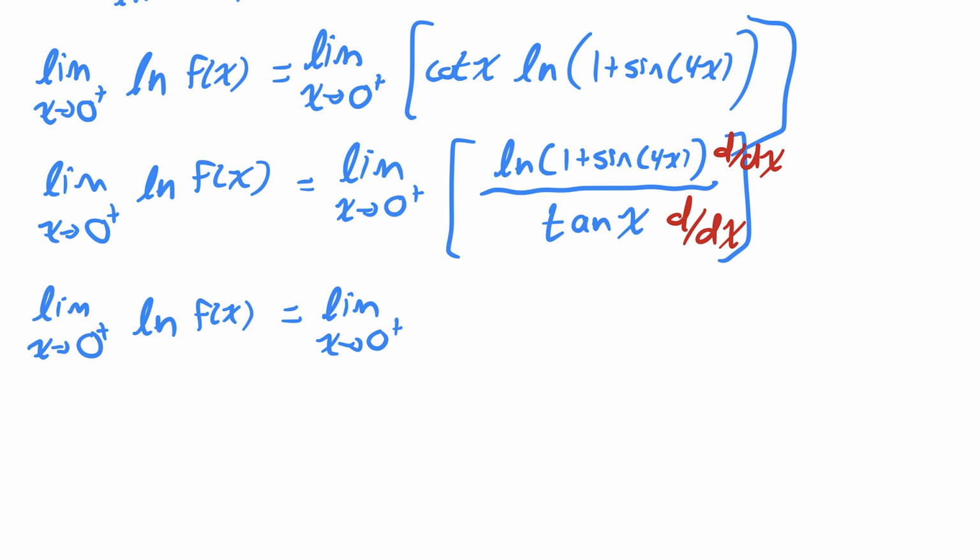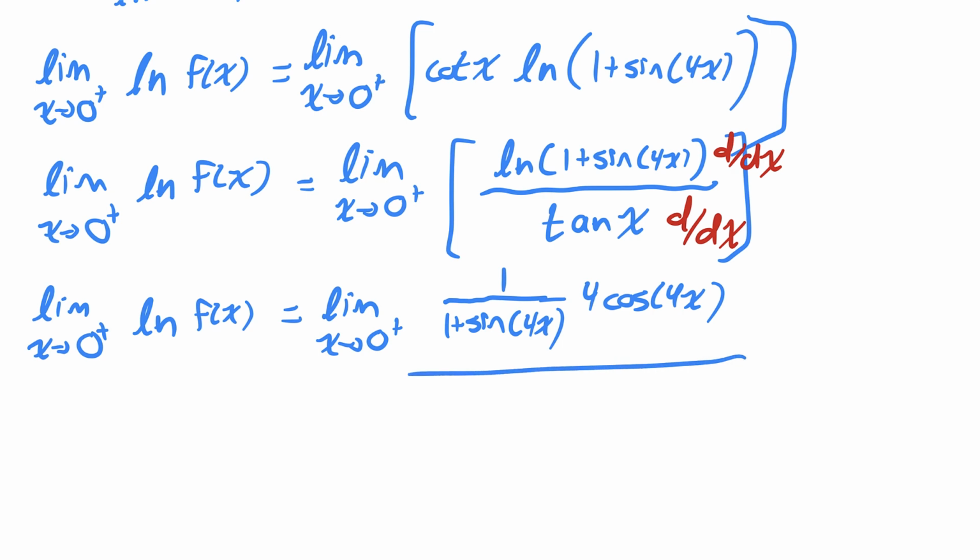The derivative of ln of 1 plus sine of 4x would be 1 over 1 plus sine of 4x times ln e, which I don't have to write because that's 1, times the derivative of 1 plus sine of 4x, which is 4 cos of 4x. And this is all over the derivative of tan x, which is secant squared x.